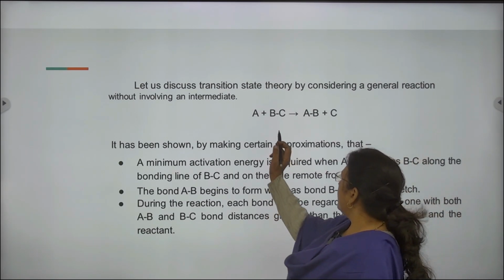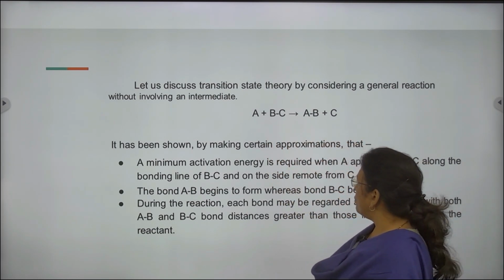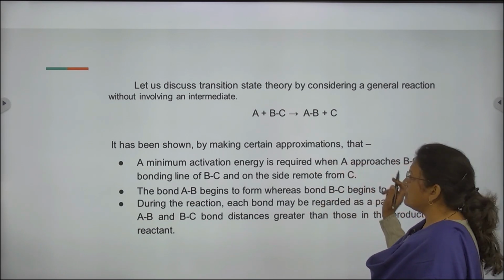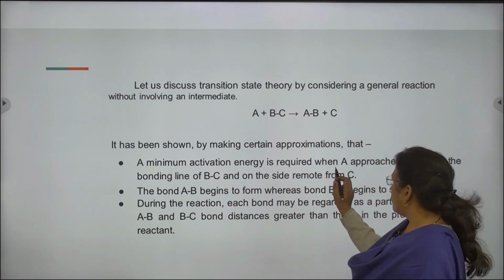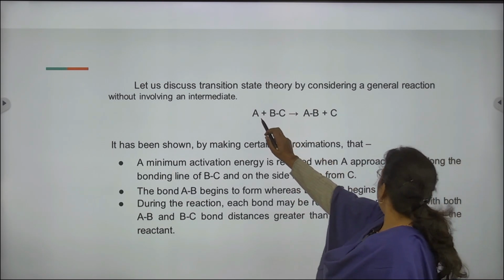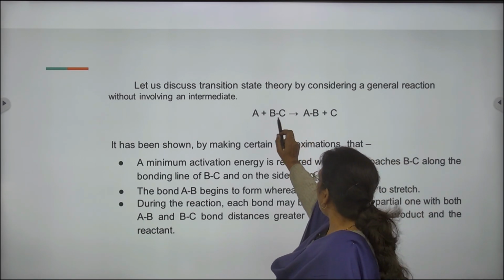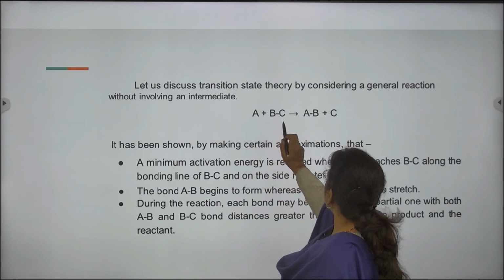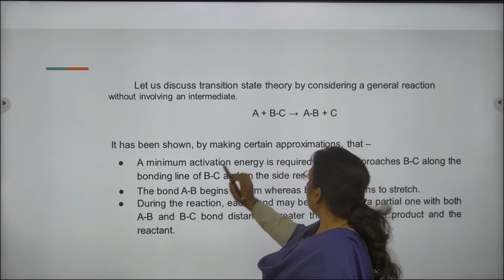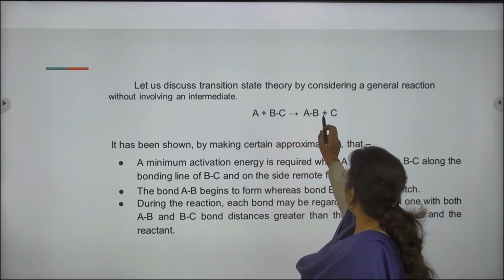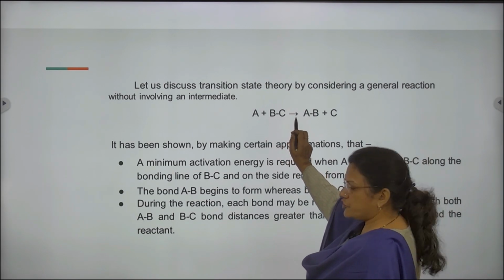Here A reacts with BC to give AB and C. It has been shown by making certain approximations that a minimum activation energy is required when A approaches BC along the bonding line of BC and on the side remote from C. The bond AB begins to form whereas bond BC begins to stretch.